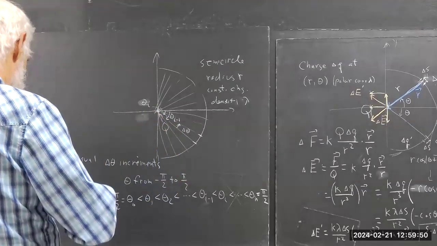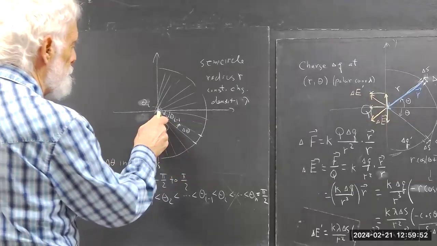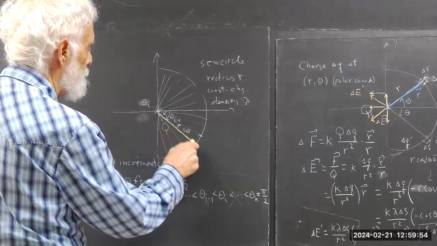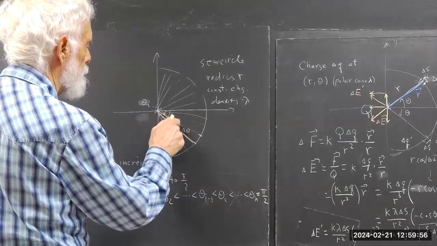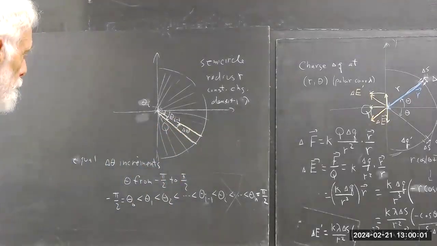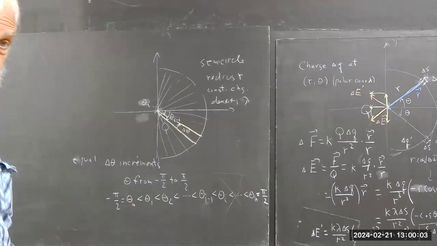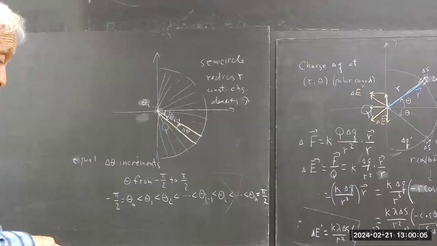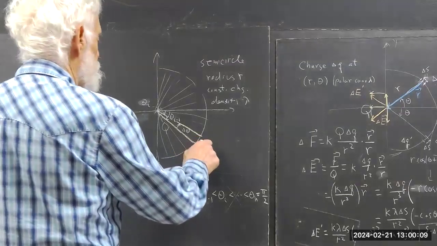So that would be like, here's our typical increment. Okay. We have a delta S here.